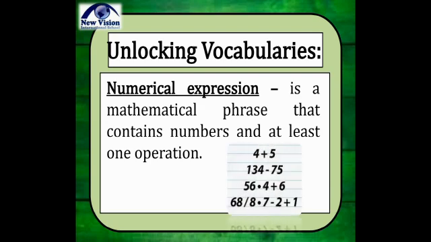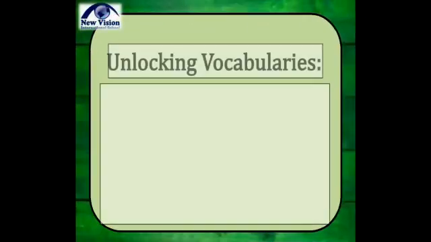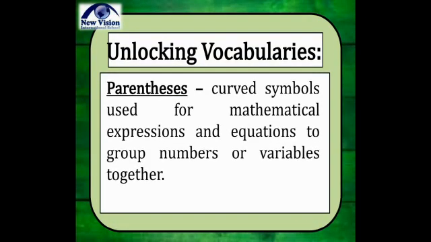Example, 4 plus 5, 134 minus 75, 56 times 4 plus 6, 68 divided by 8 times 7 minus 2 plus 1. Next term, we have parentheses. Curved symbols used for mathematical expressions and equations to group numbers or variables together. So here is a parenthesis.